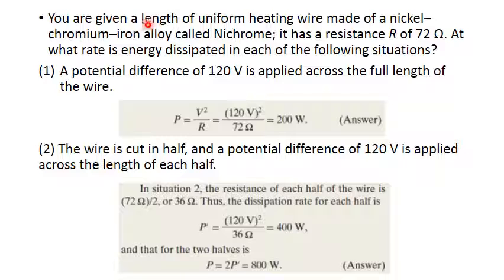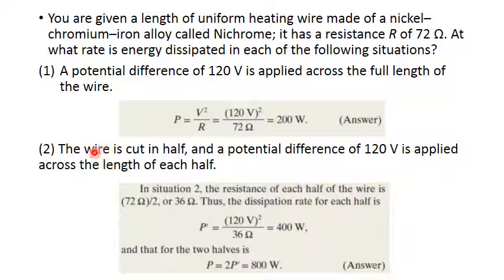So the full length has a total resistance of 72 ohms and we have applied 120 volts. So we can apply P equals V squared over R, and V here is 120 and R is 72 ohms. So it is 200 watts.